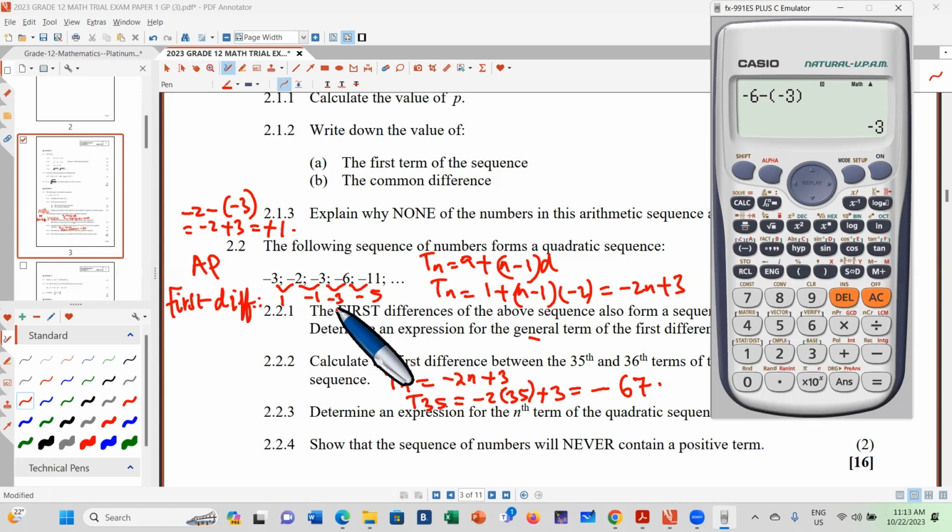Then we get -3. Okay, so next, that's the last one. We're just practicing. We have -11 minus this. So it's minus 6 there.